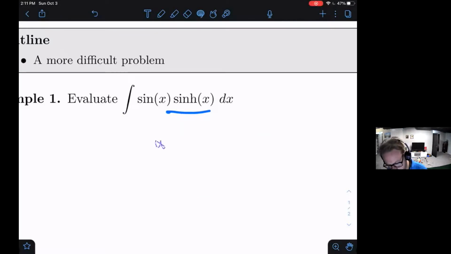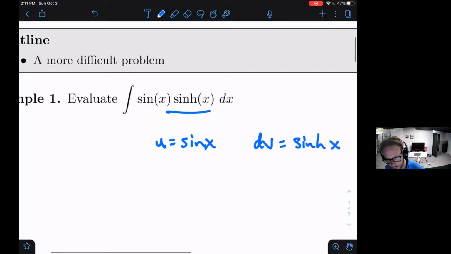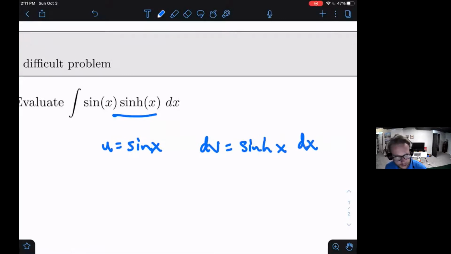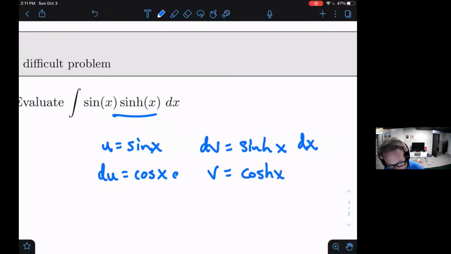So I'm going to go ahead and let u be equal to sine. After all, it's a trig function there. And dv, kind of thinking of this as an exponential, is the hyperbolic sine. Let's go ahead and calculate out these other pieces. Should include a dx there.